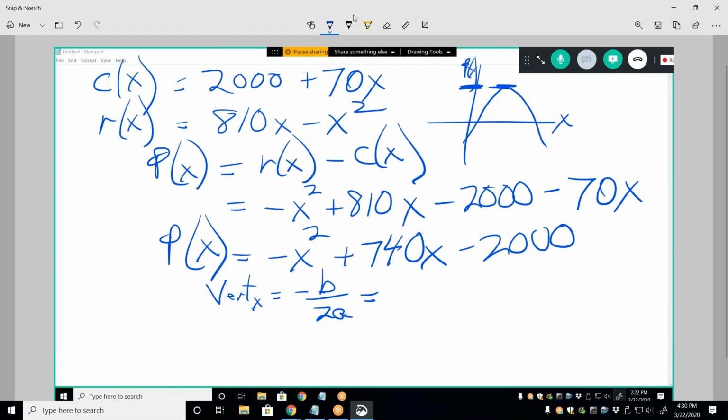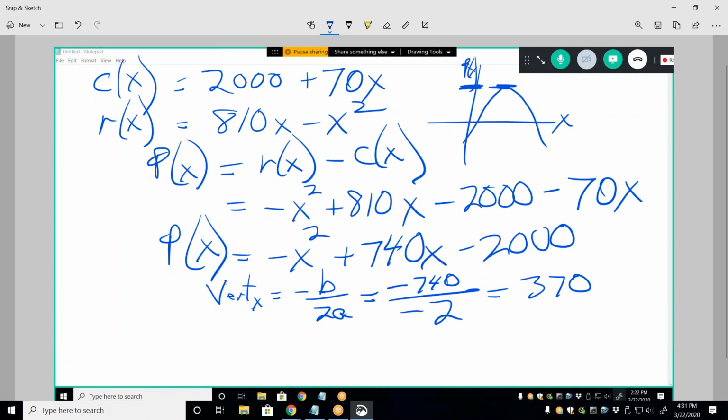No, b is 740. What's minus b? Negative 740. What's 2a? Two times negative 1, which is negative 2. And that is 370.